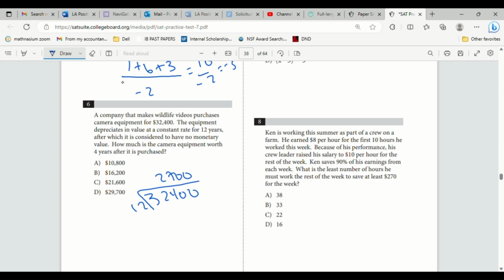So we can figure out how much it depreciates in 4 years, which is 2,700 times 4, which is $10,800. And finally subtract that from our total, which is 21,600, or C.